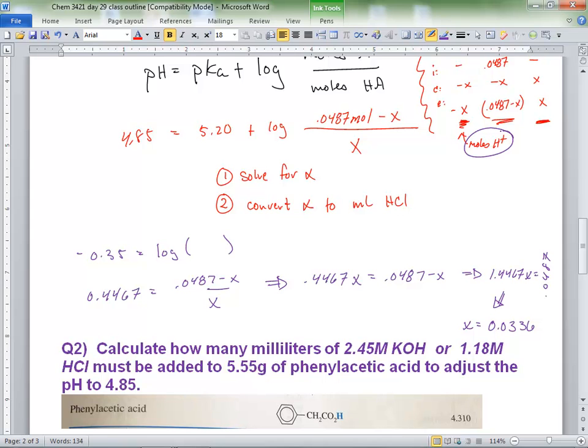So convert that to milliliters. So you times that by the 1.18? Well, you have to actually divide by the molarity. Because if you flip the molarity, you get liters on top. And then times by 1,000. And then convert it to milliliters. Yep.